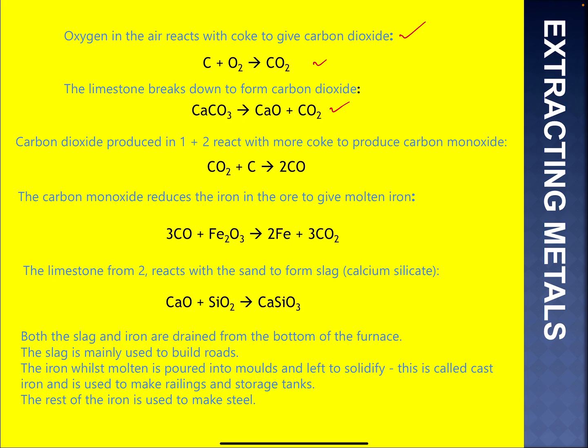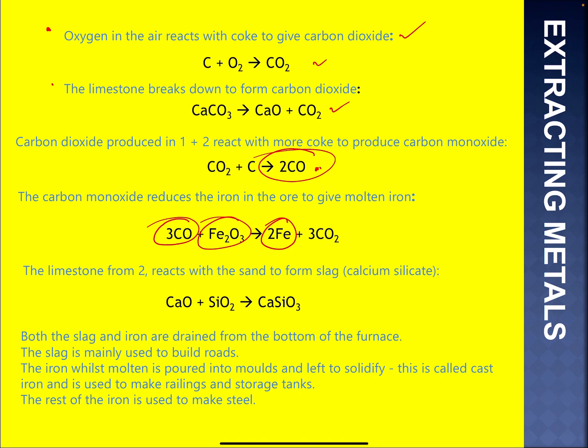The carbon dioxide produced in 1 and 2 reacts with more coke, which is carbon, to produce carbon monoxide. There, that's carbon monoxide, and it's the carbon monoxide that's the reducing agent. The carbon monoxide reduces the iron in the ore to give molten iron. So there's a reducing agent. There's your iron ore, which was hematite, and you're left with iron.